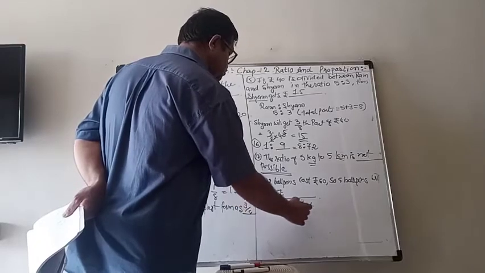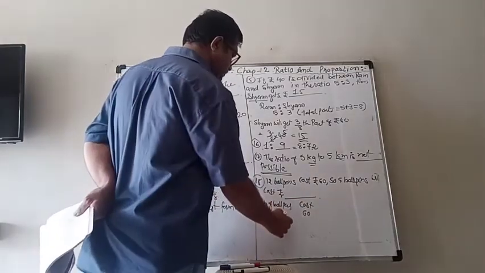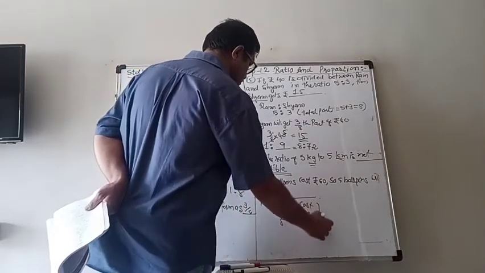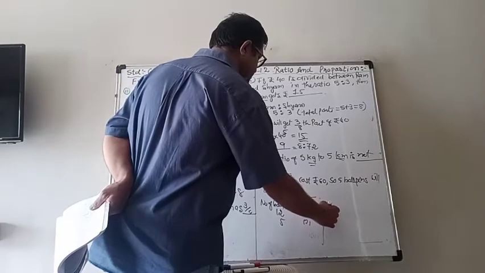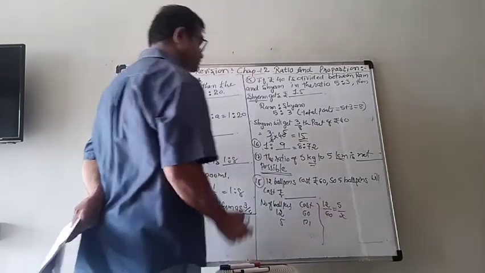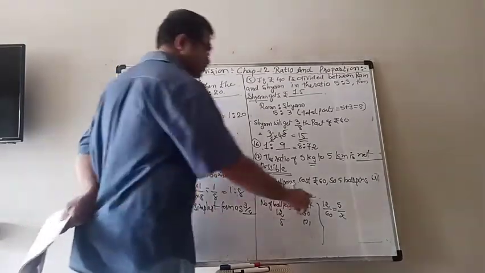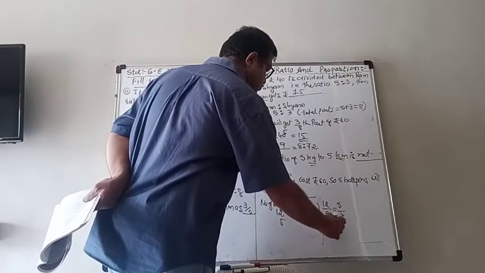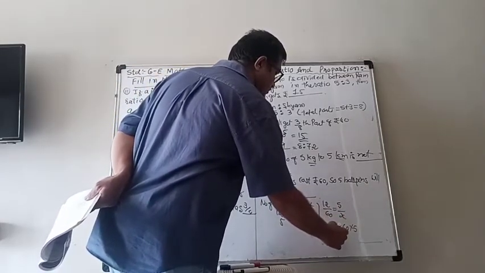So 12 ball pens cost 60 rupees. So 5 ball pens cost how much? So we can take the ratio that 12 upon 60 is equal to 5 upon x. That is a direct method. So by cross multiplication, 12x is 60 multiplied by 5.